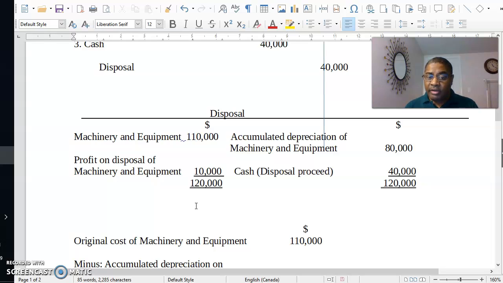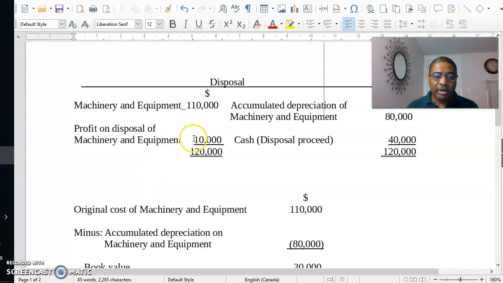Right? When you get the book value of the asset, it's time for you to calculate the profit. So you're minusing the 30,000 from the 40,000 to arrive at a profit of 10,000.